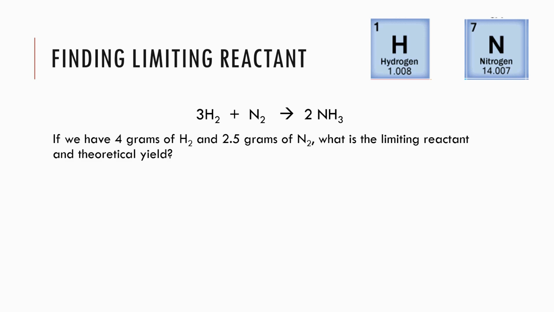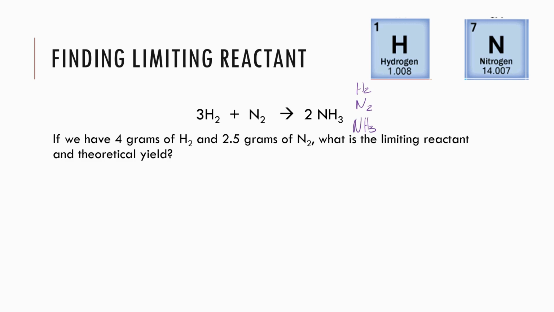The first thing we need to do is identify and calculate the molar mass for all of the different compounds. So we need to do it for all the reactants and the product. In this case, we're going to calculate the molar mass for H2, N2, and NH3.